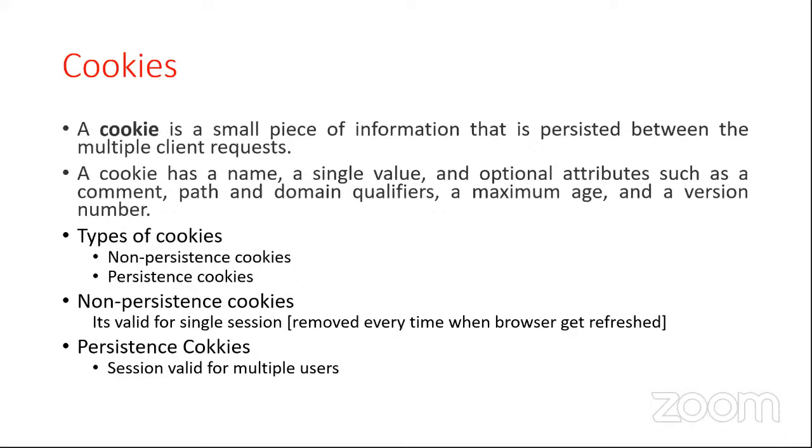Non-persistence cookies are in the sense that the session is valid only for a single user. That user data will be removed whenever the browser gets refreshed. So these are the 2 types of cookies: one is persistence cookie and the other is non-persistence cookie.